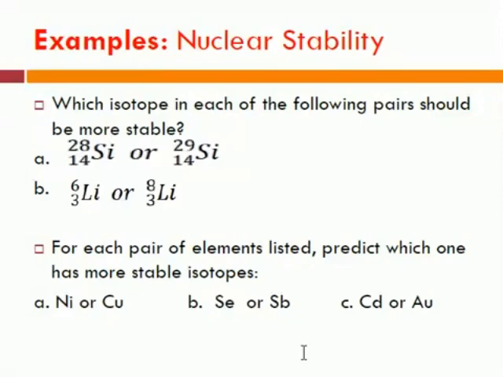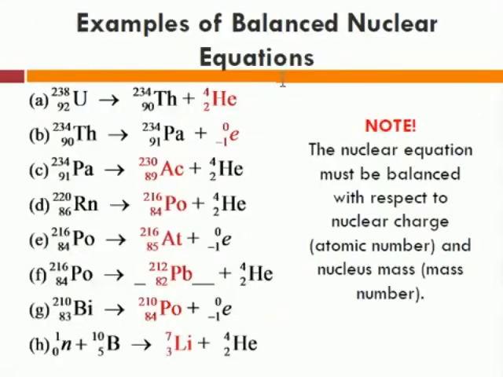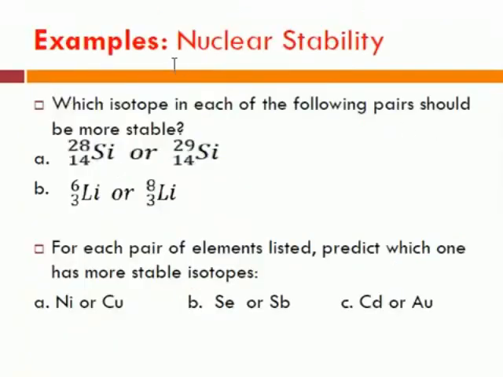Okay, examples for nuclear stability. Number 1: which isotope in each of the following pairs should be more stable? For letter A, we have silicon. The atomic number is the same, but the mass number is different.